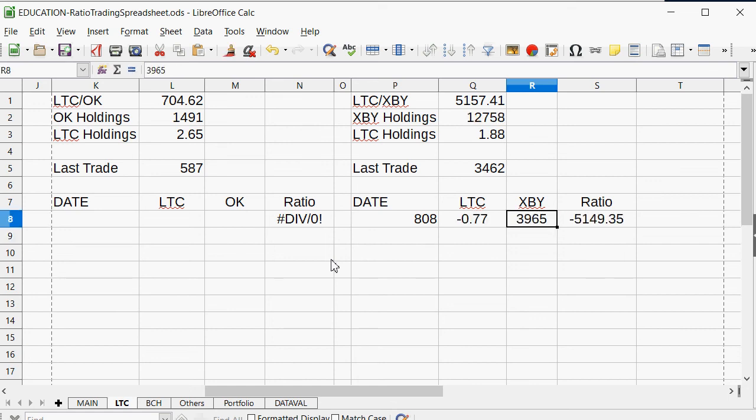We'll do it with rake. And the ratio is not working here. Well, it is, but it's not. Because it's a negative number, it should be positive. So I would go equals this divided by negative this, and there's your positive number.